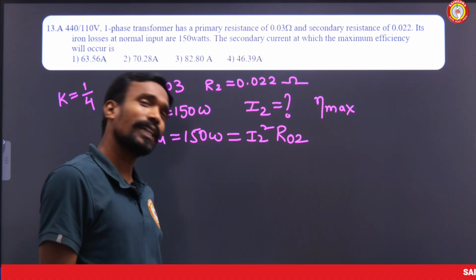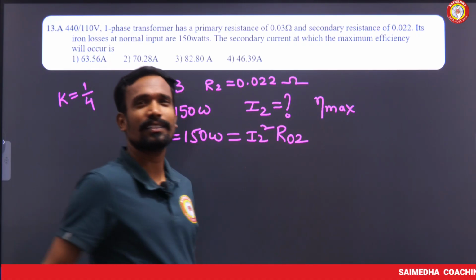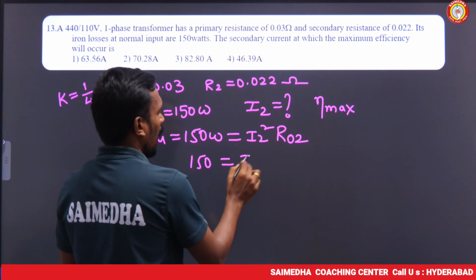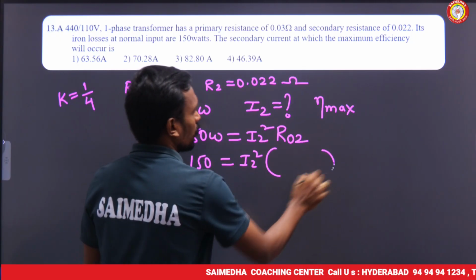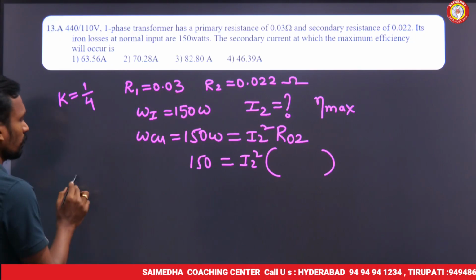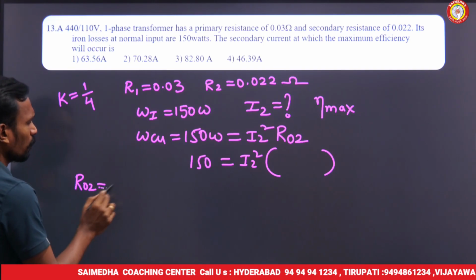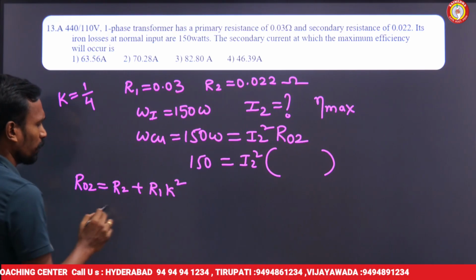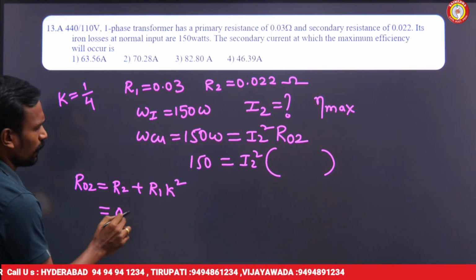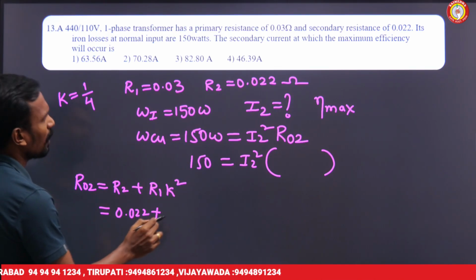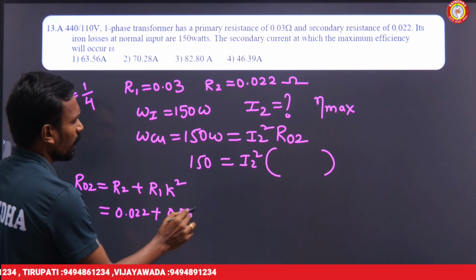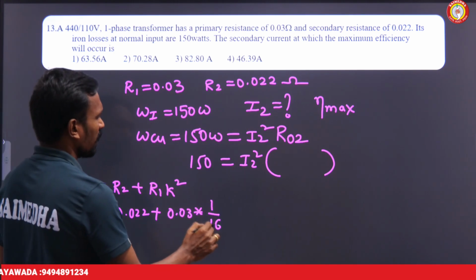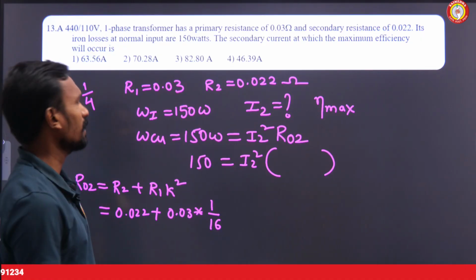So 150 watts is equal to I2 square into R02. What is R02? R02 is R2 plus R1 dash, where R1 dash is R1 into K square. R2 0.022 plus R1 0.03 multiplied by K square. K square is 1/16.